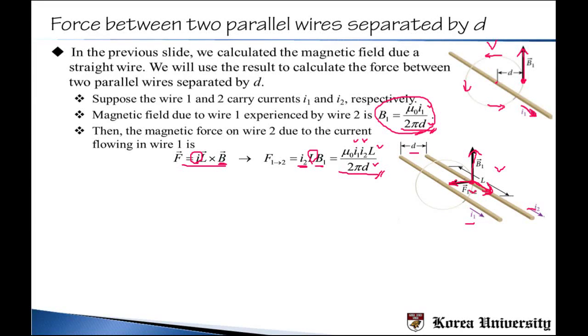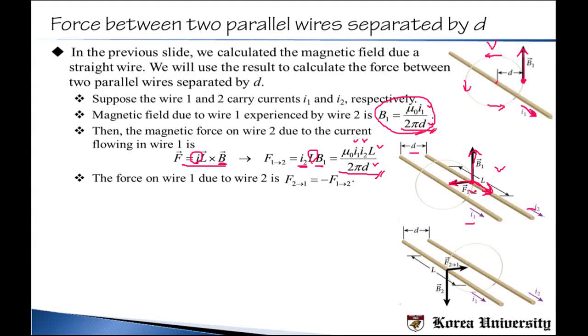Okay. Then how about the opposite situation? How about the force given by the second wire acting on the first wire? Actually, you can follow the same logic and think about the magnetic field coming from the second wire, which will be going like this. And at the location of the first wire, the magnetic field will be going down.